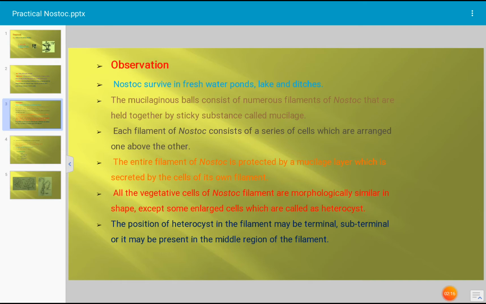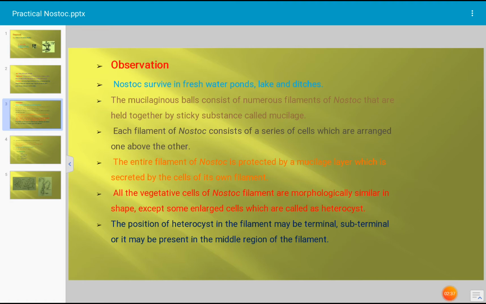What you have to observe under the microscope are the filaments of Nostoc, which are unbranched and consist of a series of cells arranged one above the other.